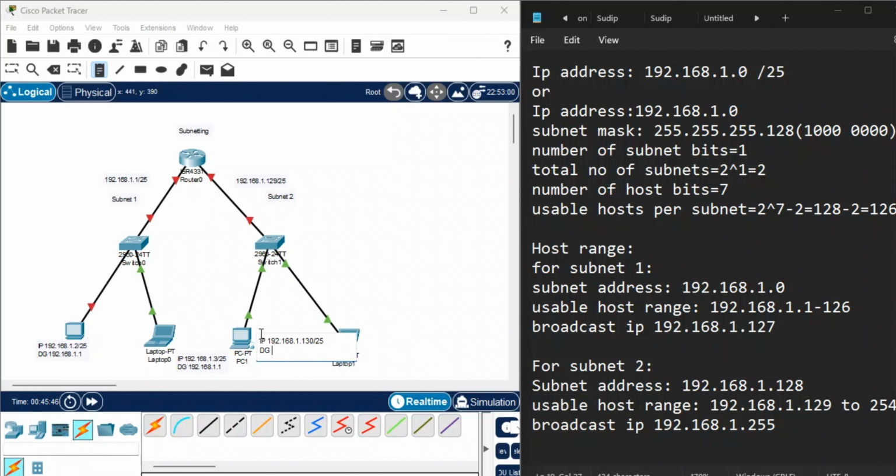Default gateway was 192.168.1.129. IP 192.168.1.131/25, default gateway was 192.168.1.129.